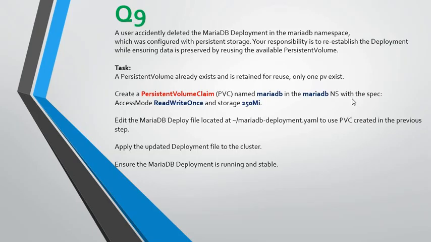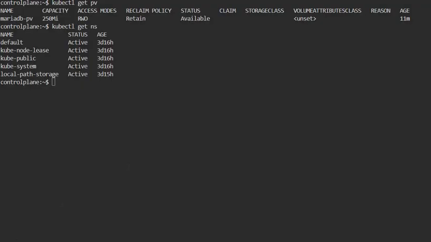You no need to create the MariaDB namespace, but here for lab practice you have to create it. In the lab you also have to create the persistent volume. So for that, just go to the Kubernetes document and you can create it. Let me show you.